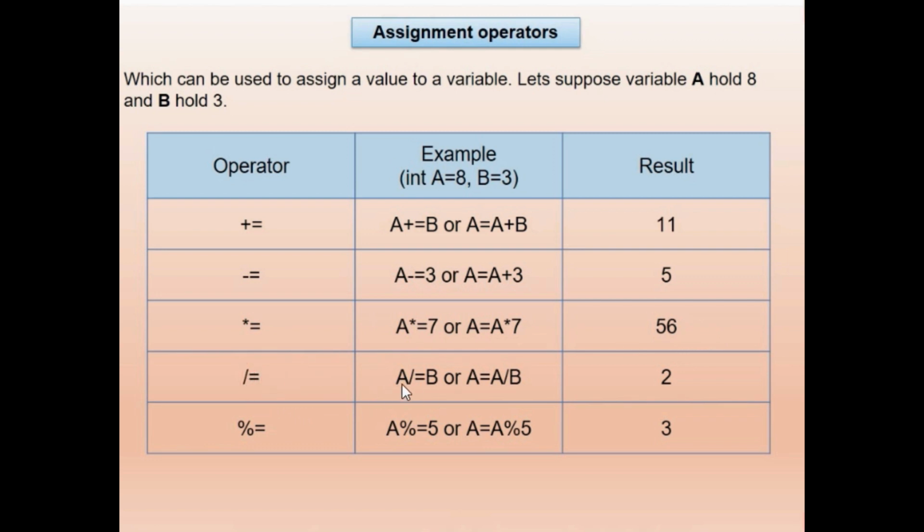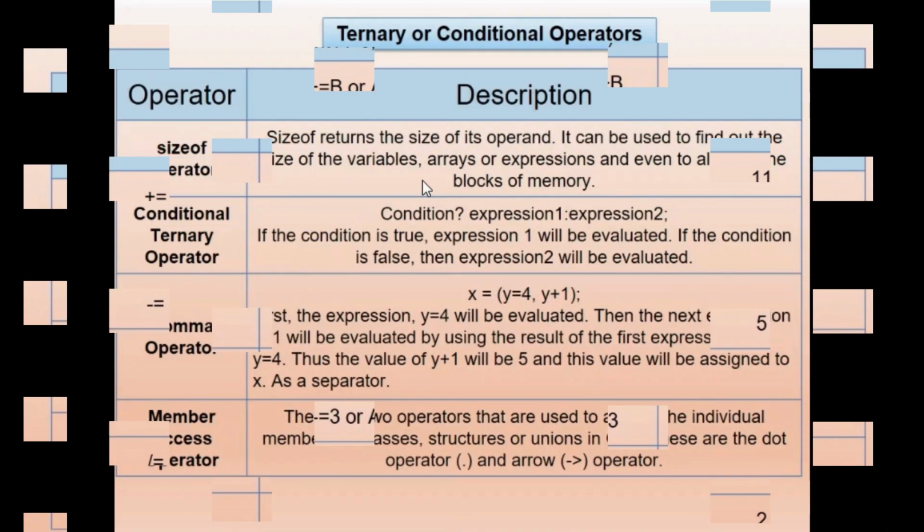Division equals to, a divided by b, so the final answer is 2. Then mod equals to, a equals a mod 5, the final result will be 3. Assignment operators are generally used for assigning a value from the right side to the left side of a variable. We will see these examples when we write a program in the next presentation.